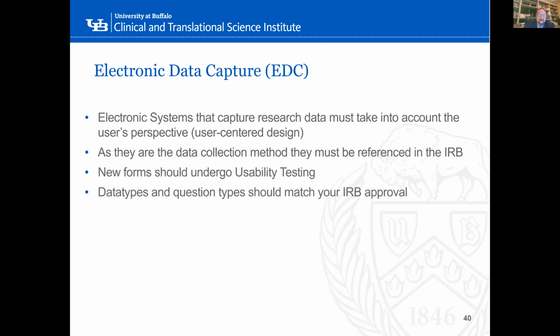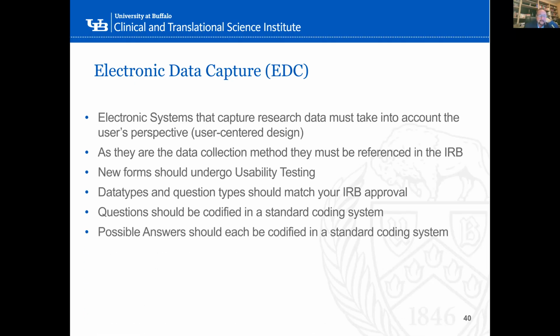Data types and data questions should match your IRB approval. Questions should be codified in a standardized coding system so that they can be reused once validated. Possible answers should be codified in a standardized codifying system so that they can be linked with the questions.